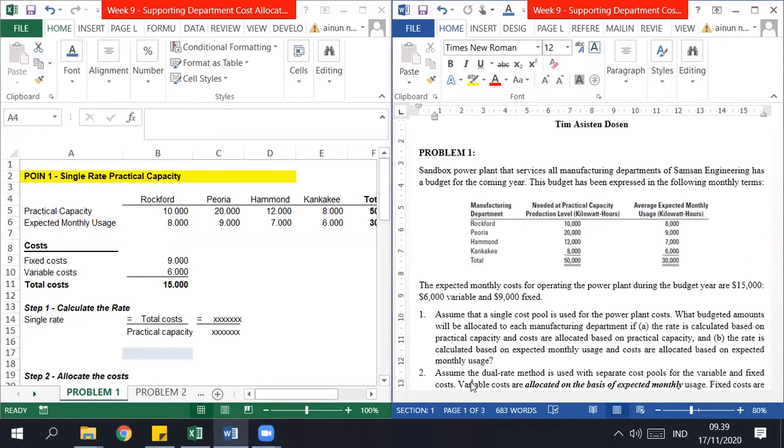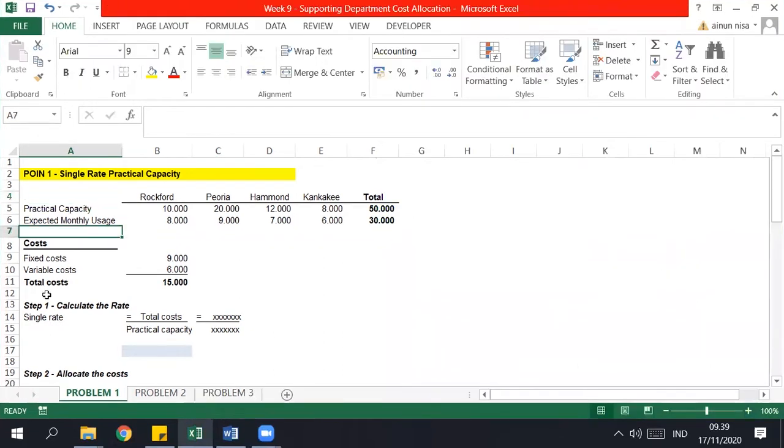Okay, so for the first question, we have to calculate the single rate for practical capacity. The first step is to calculate the single rate, and to calculate this rate, we just have to divide the total cost by practical capacity.